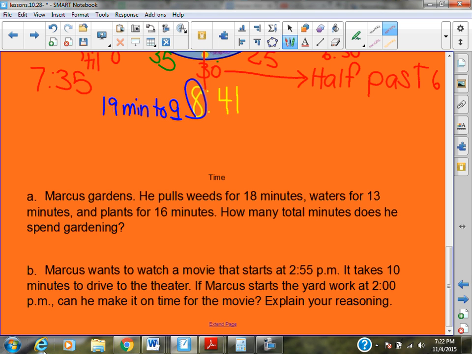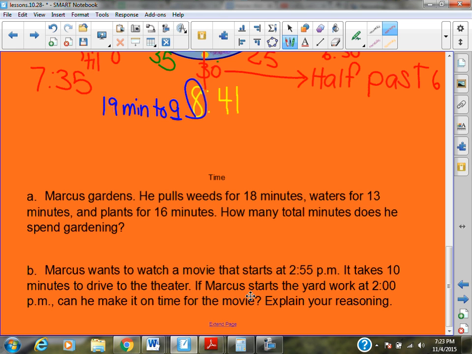When you get to B and it asks you to tell if he starts at 2 o'clock p.m., can he make it on time for the movie? Once you figure out how many total minutes it takes him to garden in A, you're going to use that information down in B to help you.